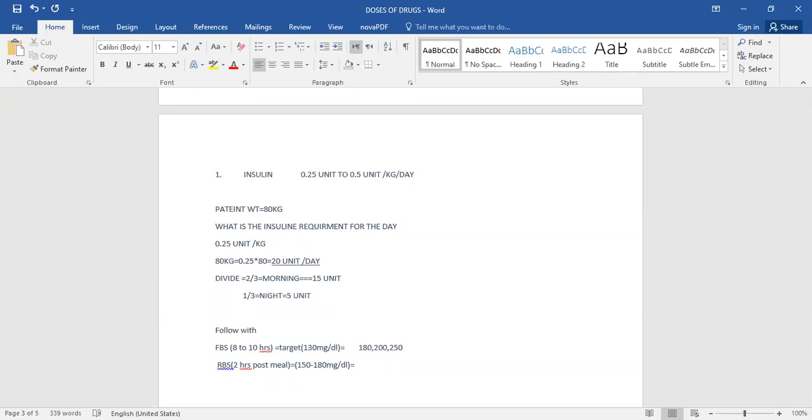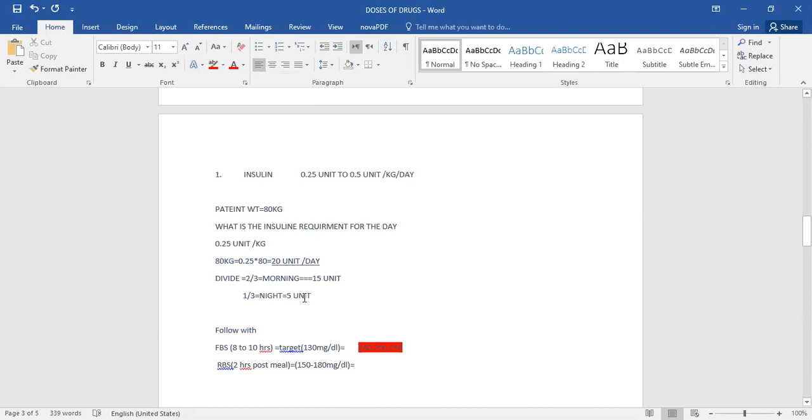When you see this problem, you started the patient with 15 units in the morning and 5 units in the afternoon, and you are getting these high levels. It requires an increase in insulin dose, right? Yes. So which dose are you going to increase, in the morning or at night?